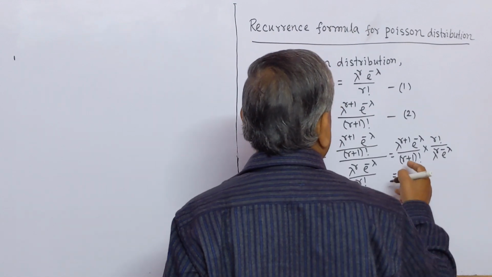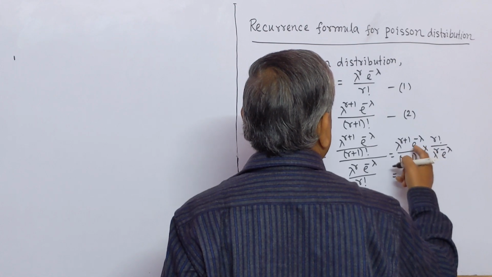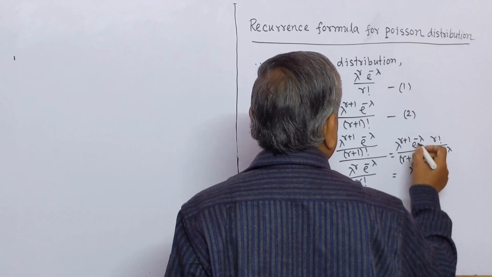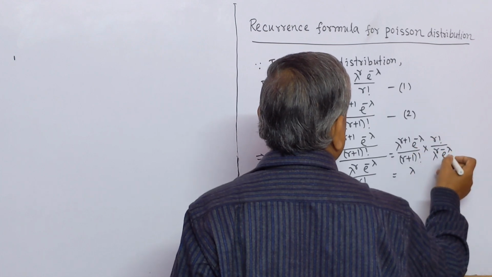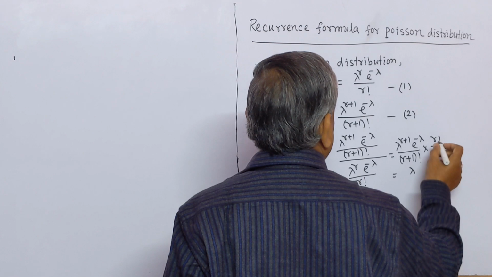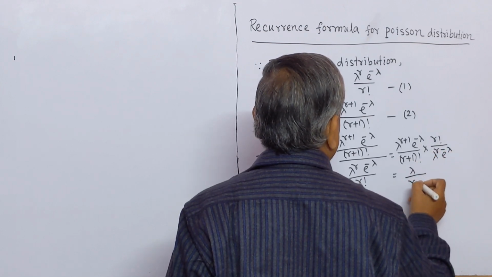Here lambda to the power r plus 1 and lambda to the power r, remains only lambda. E to the power minus lambda cancels. Here factorial r and factorial r plus 1, only r plus 1 remains.